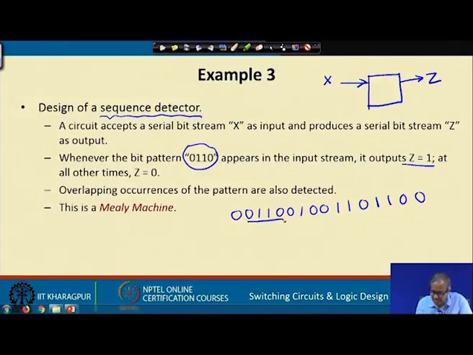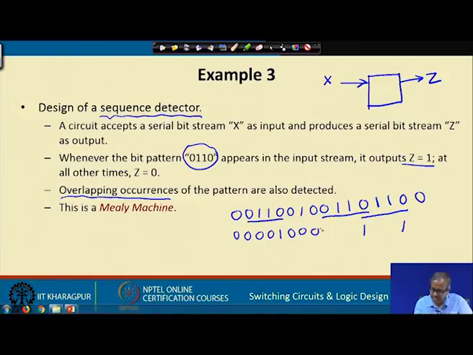One place it is here, one place it is here, and there is an overlapping pattern here. So, I am assuming that overlapping patterns should also be considered. Before the 0 1 1 0 finishes, the second pattern starts. So, in the output there will be a 1 out here, there will be a 1 here, there will be a 1 here, all the rest of the bits will be zeros.